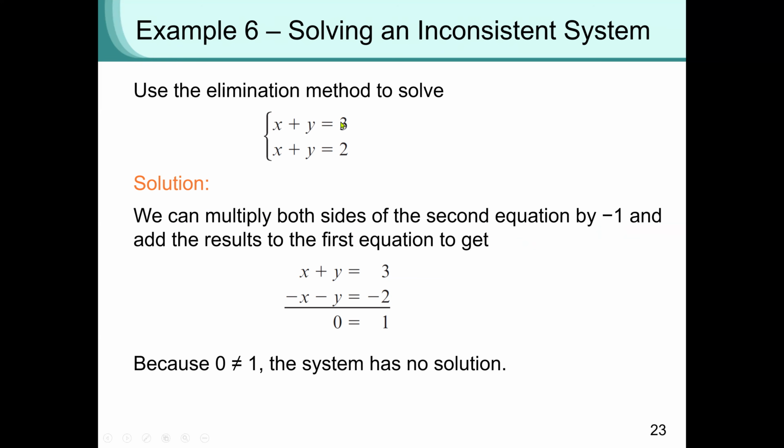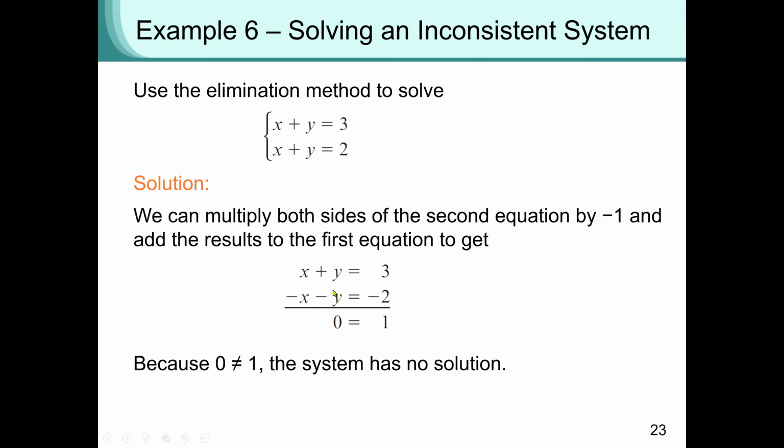We have x plus y equal to 3, x plus y equal to 2. Now we can multiply both sides of the equation by -1 and add it. So I multiply the second equation by -1. And when I combine, I was able to cancel the x. X is cancelled because x minus x.